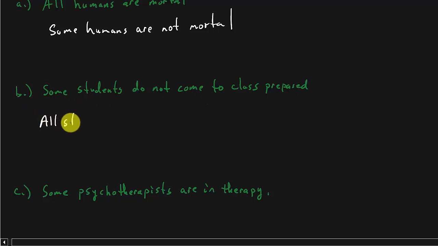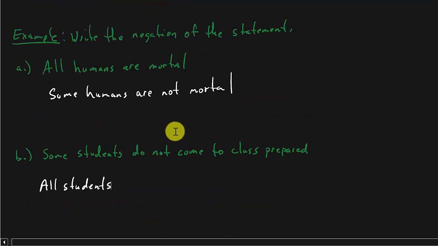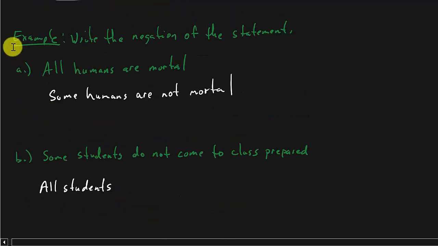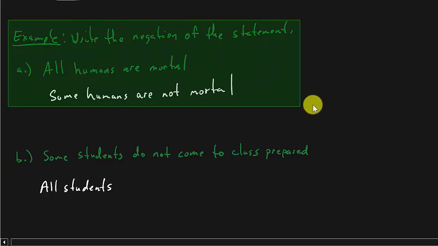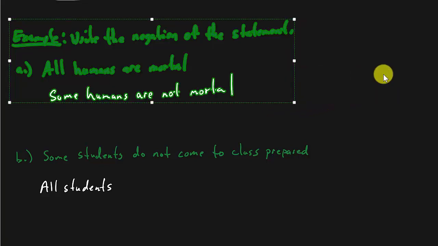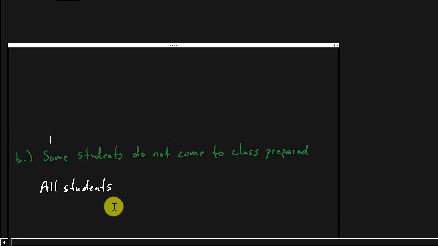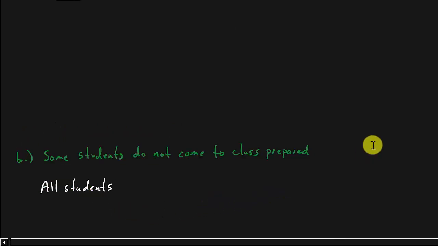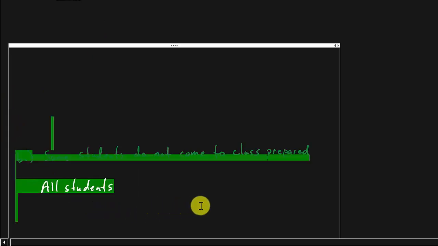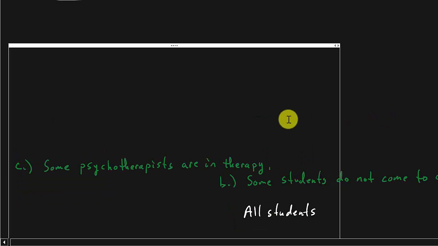All students. I'll tell you what I'm going to do. Let's do this. Well, we know we're writing the negation, so let's delete that. That's not going to work, is it?